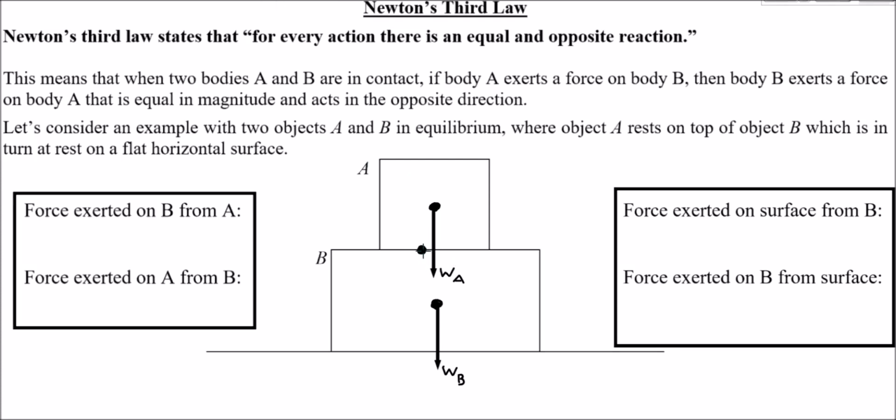Now this can be a letter R, alternatively sometimes it's a letter N. So it's going to be a reaction force, which I'm just going to say reaction force of B on A.